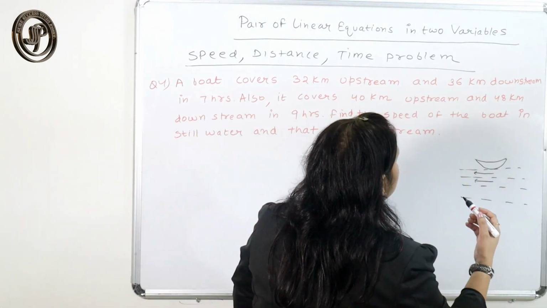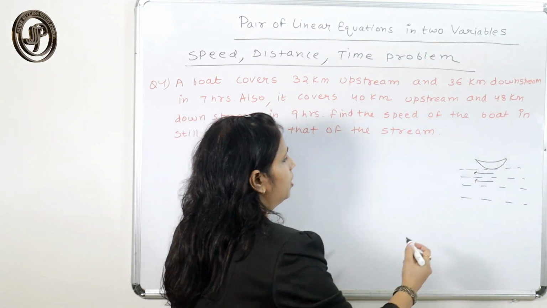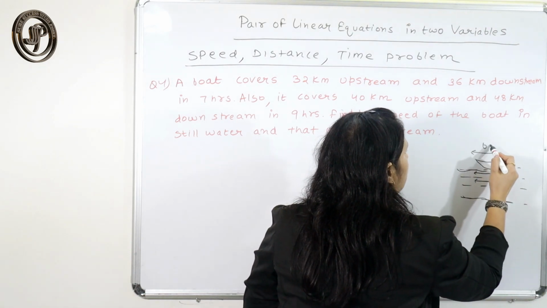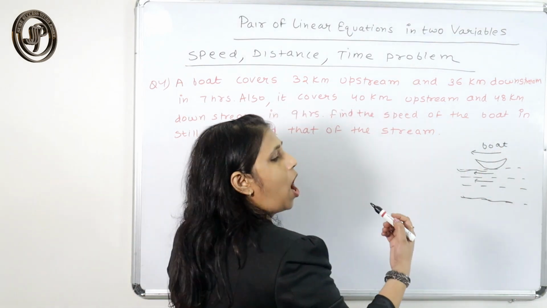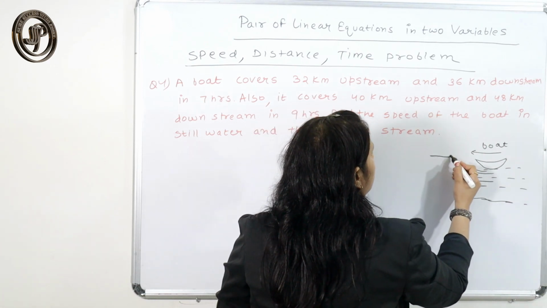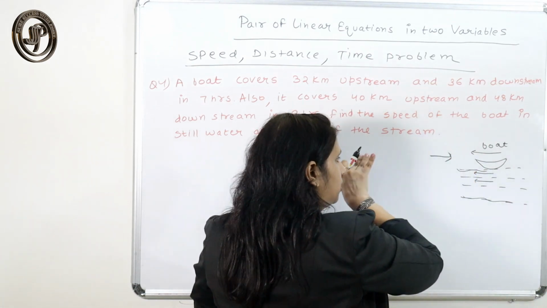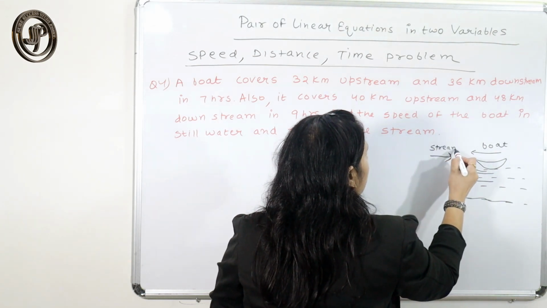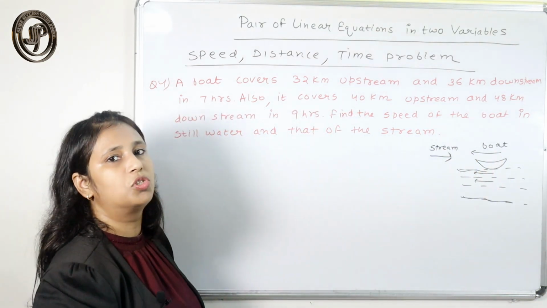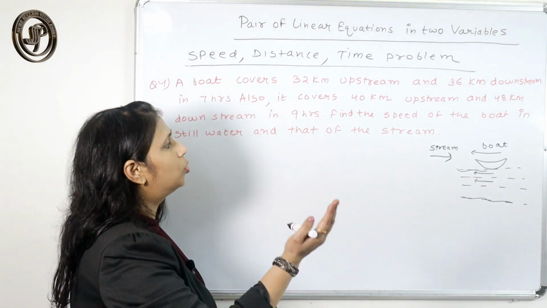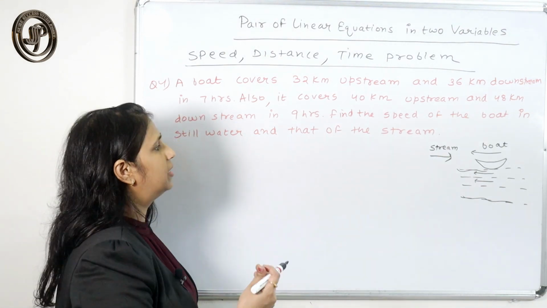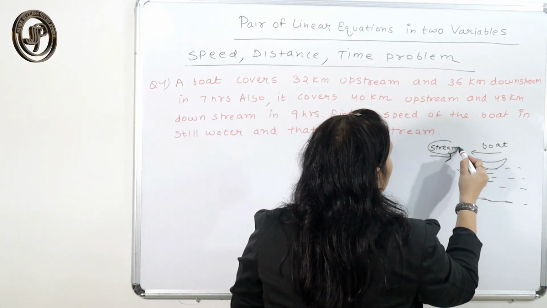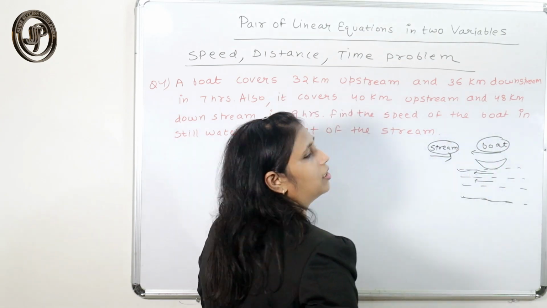If the stream starts moving in the opposite direction, the boat is going in this direction, and the river starts flowing in the opposite direction, then the boat goes up slightly and it is called upstream. It means the direction of the stream is against the boat.